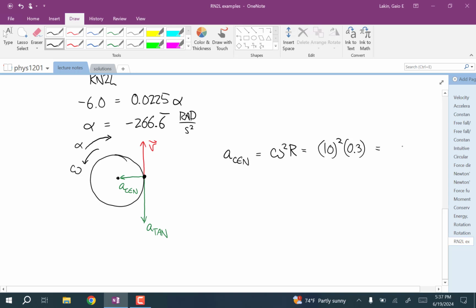So that is 30 meters per second squared. And that's in the negative I direction. So negative 30 meters per second squared times I.